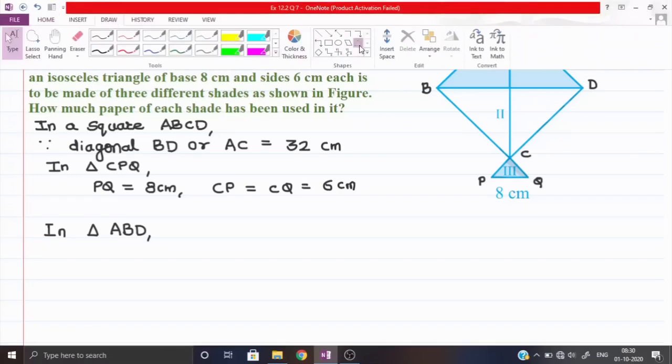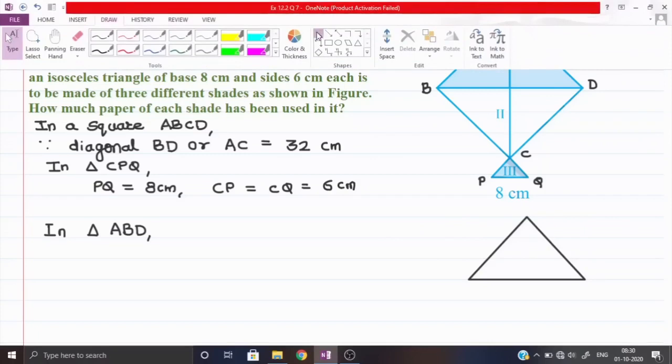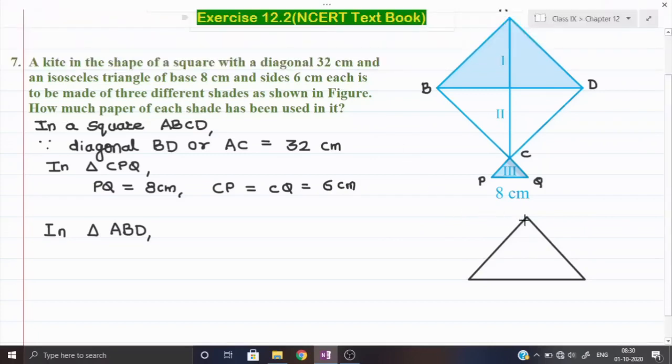So let me draw once again the triangle separately. Suppose this is your triangle ABD, and in this I will draw one perpendicular from the vertex A.